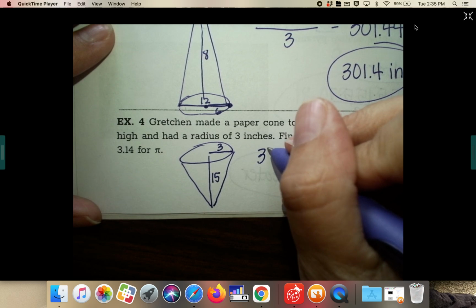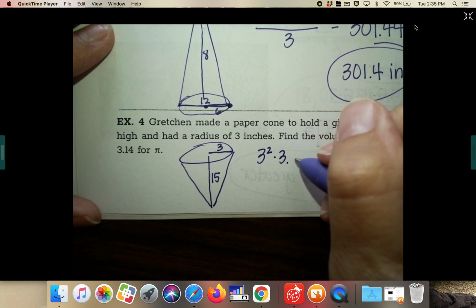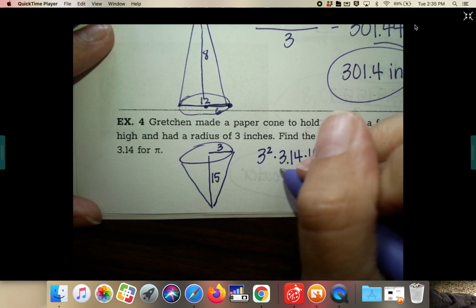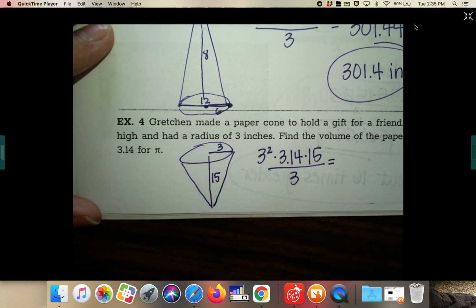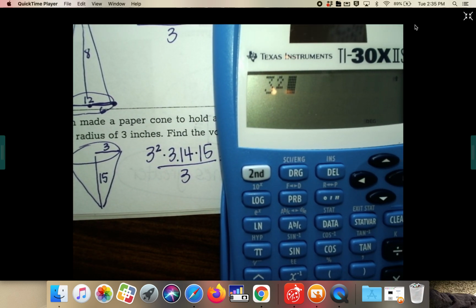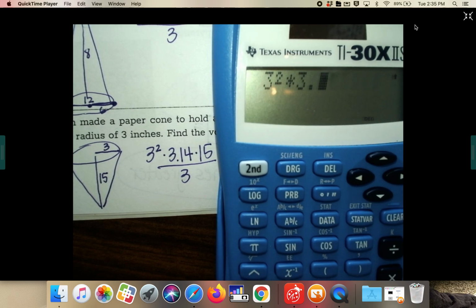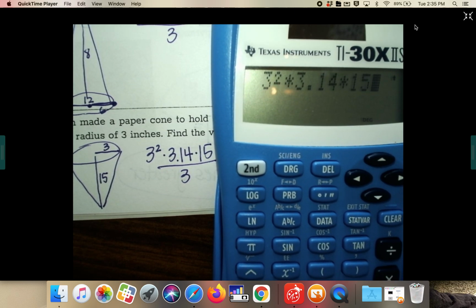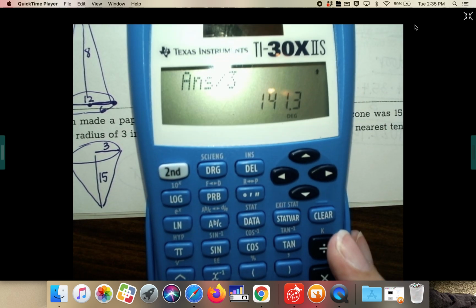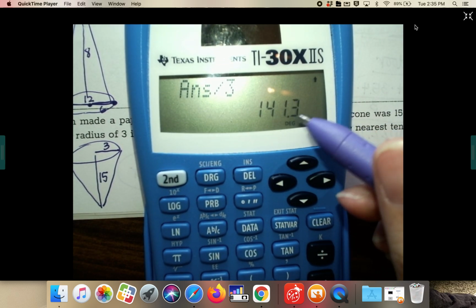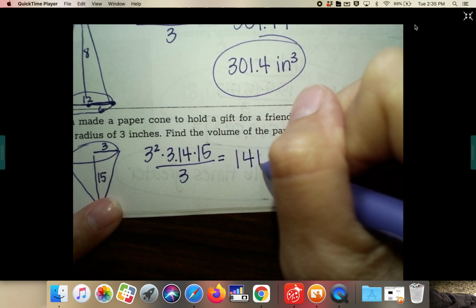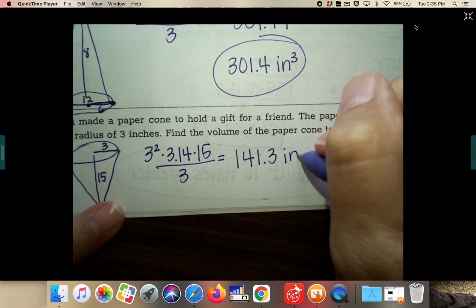So we're going to do radius squared times not pi this time, but 3.14, times the height, which is 15, divide the whole thing by 3. All right, so here we go. We've got 3 squared times, they want me to use 3.14 for pi, times 15 equals, divided by 3 equals 141.3, and that's already to the nearest tenths place, so we're good here. 141.3 inches cubed.